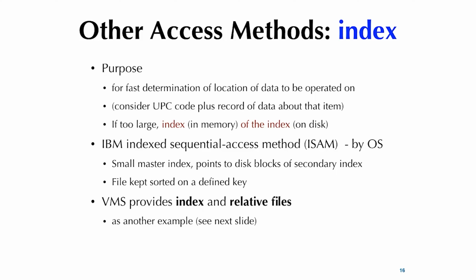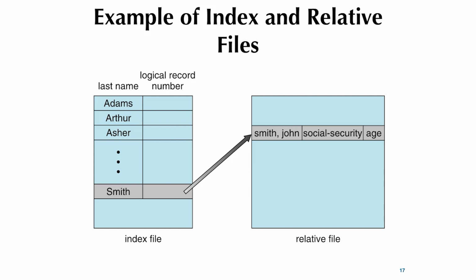These are alternative ways for accessing your data on disk. This would be an example. There is your last name in the index file, and then each one points to an entry in the relative file. So that has a little bit of the database flavor to it.